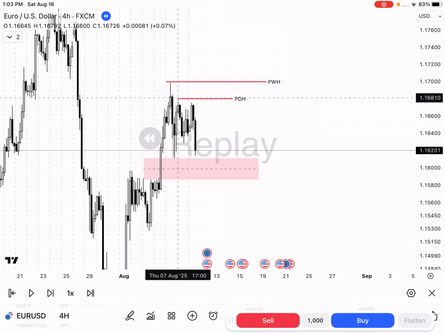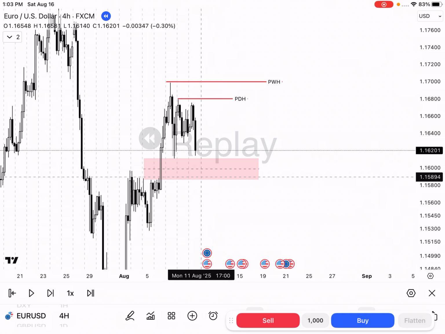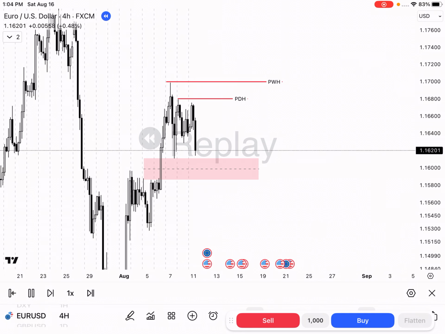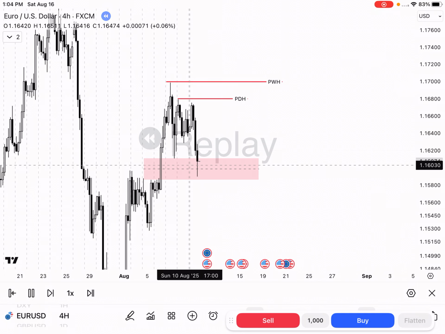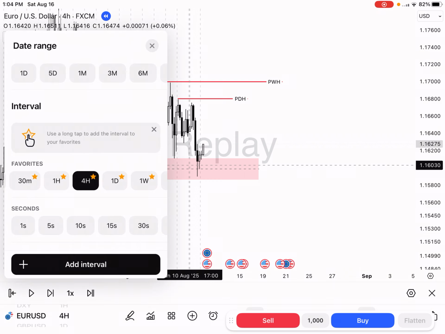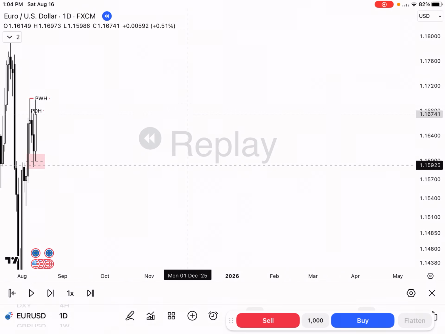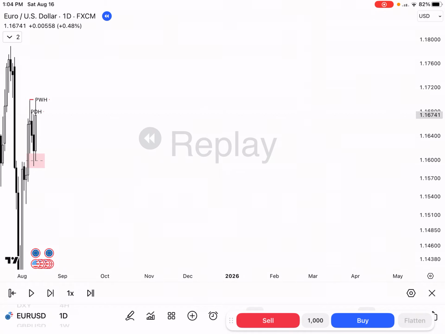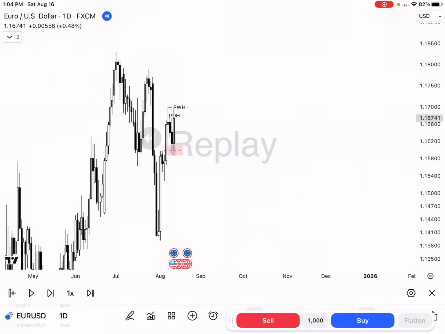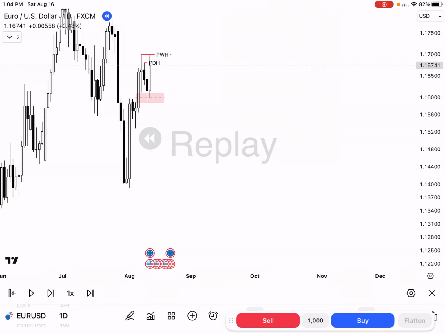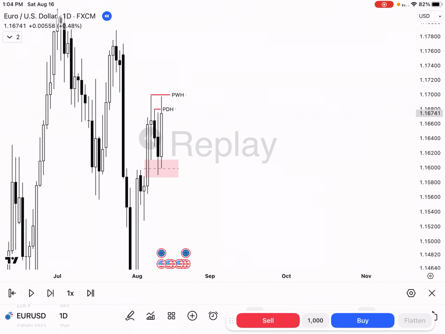First, their objective is to fill this imbalance, that is called the daily FVG. On the daily chart, we did not close below this FVG, we closed above this FVG. That is a strong sign that the market is in a bullish trend and will continue its bullish trend.